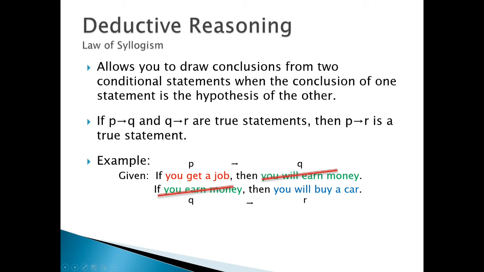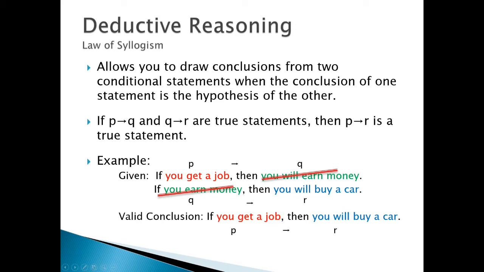And we can just then go to, if you get a job, then you will buy a car. Our valid conclusion then is the hypothesis of the first statement and the conclusion of the second. And that is how we go from P to R.